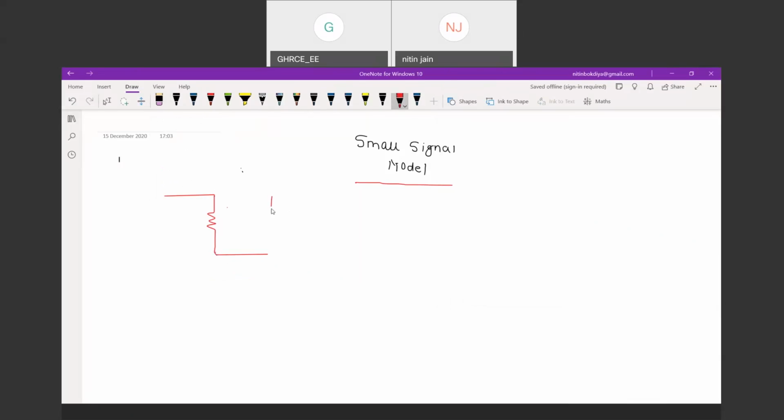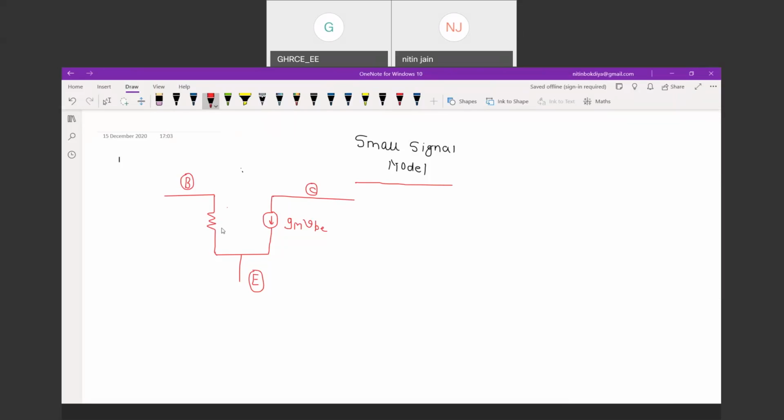And we have one dependent source, which is GM into VBE, where this terminal is known as the collector terminal, this terminal is known as the emitter terminal, and this terminal is known as the base terminal.